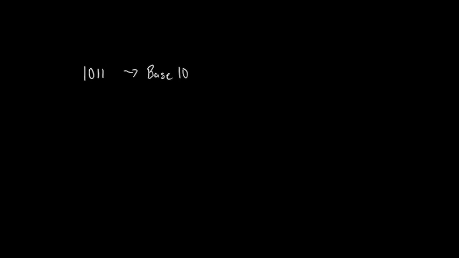Since we know that binary shifts its digits to the left every 2 times its value, we can say 1 0 1 1. So we start here 1, then 2, then 4, then 8. See here that it increases 2 times every time we shift to the left.